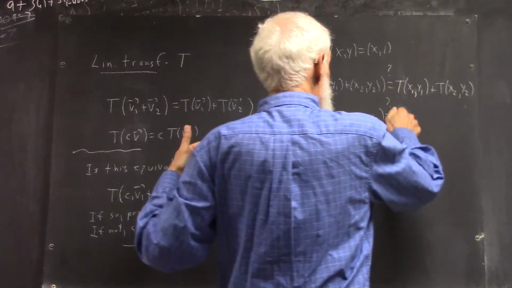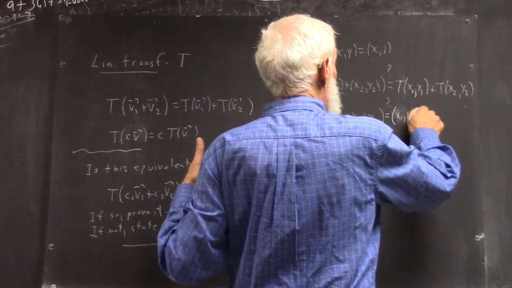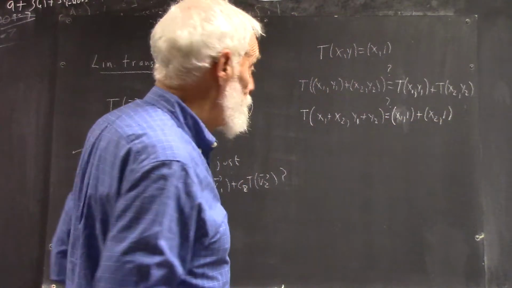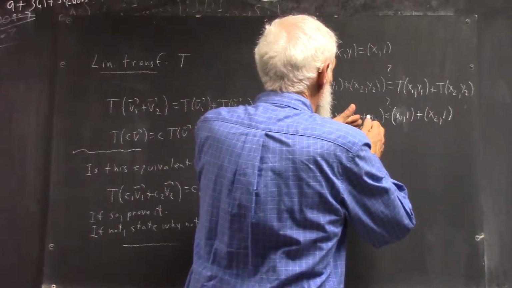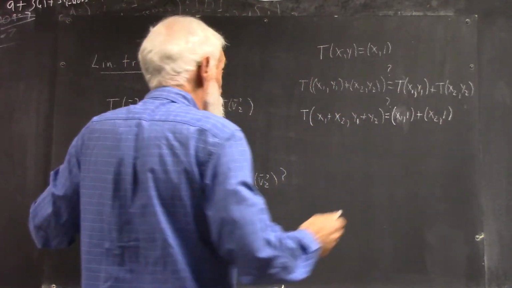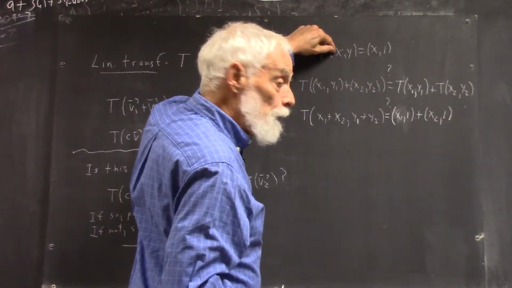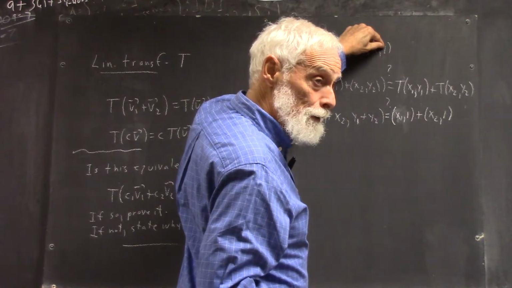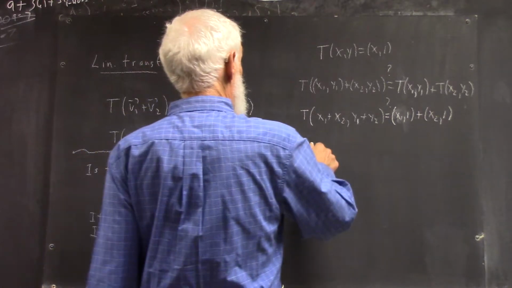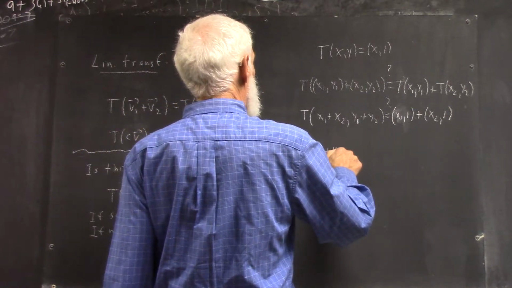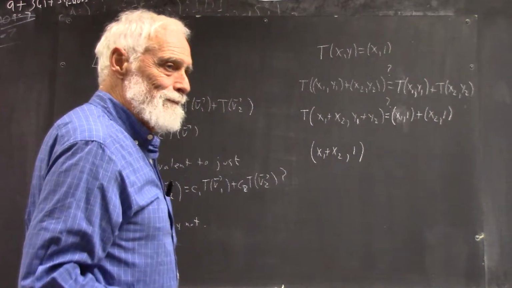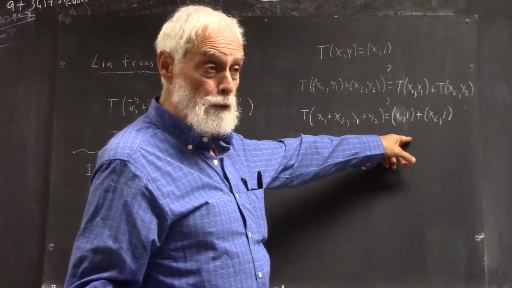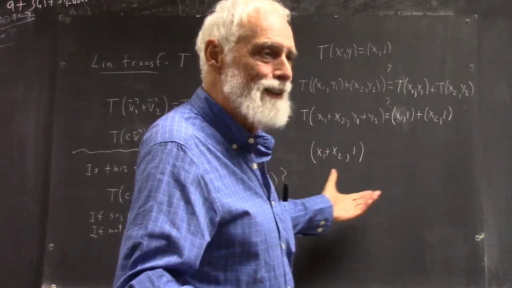So this is going to be (x1, 1), and this is going to be (x2, 1). Now, what's T of (x1 plus x2, y1 plus y2)? Well, you take whatever's the first thing and put it here, and no matter what the first and second things are, you put a 1 here. So this is going to be (x1 plus x2, 1). I kind of thought there ought to be a 2 there, because there's going to be a 2 over here. But that's what you're testing, and you're showing that it ain't so.